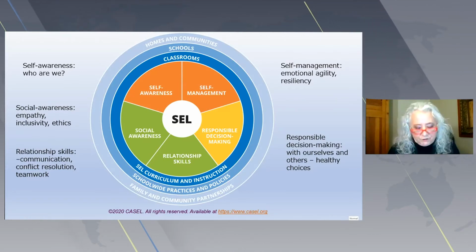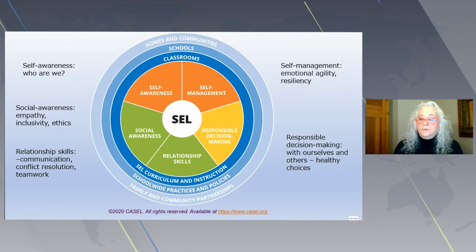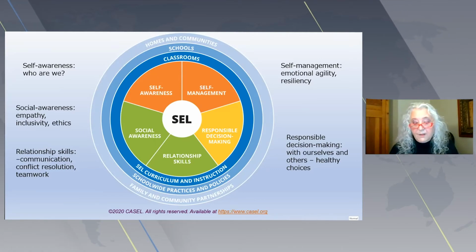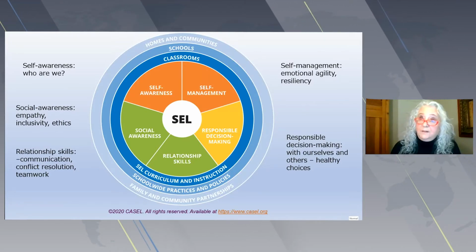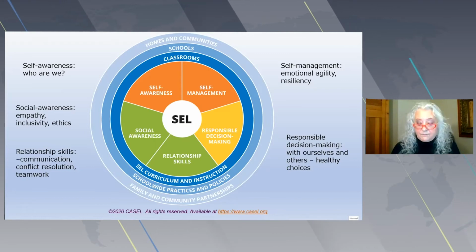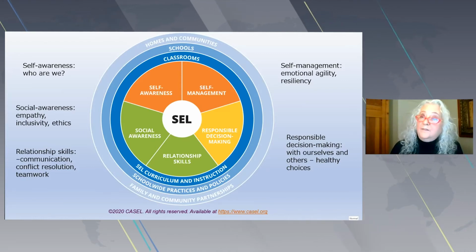Then relationship skills. This is where we can develop and maintain healthy relationships, beginning with the relationship we have with ourselves, because it sets the tone for others. The longest conversation we have in life is with ourselves. We can identify the markers of healthy relationships.